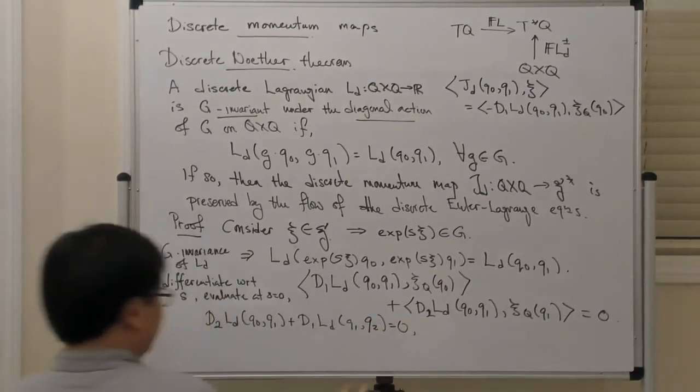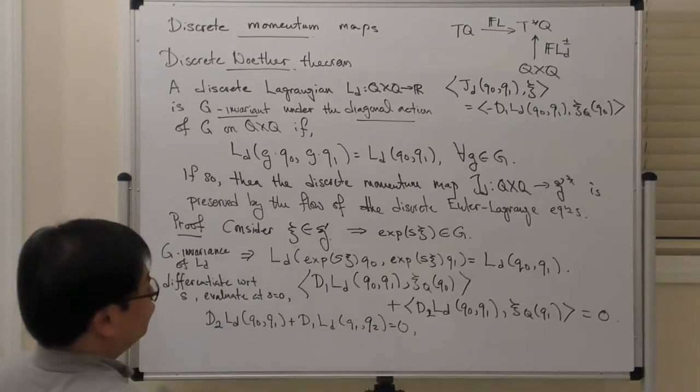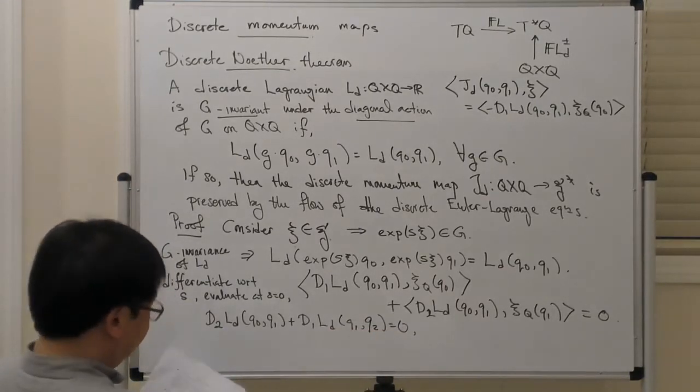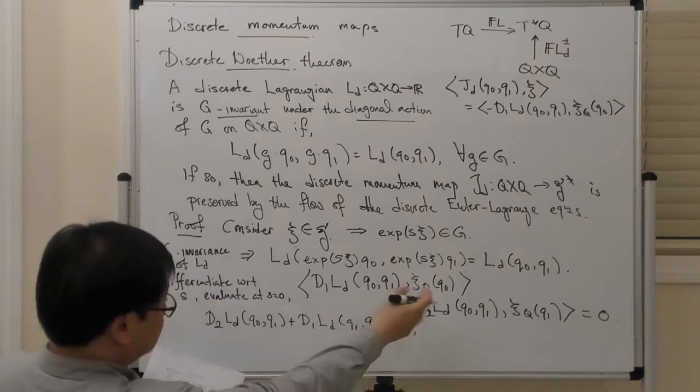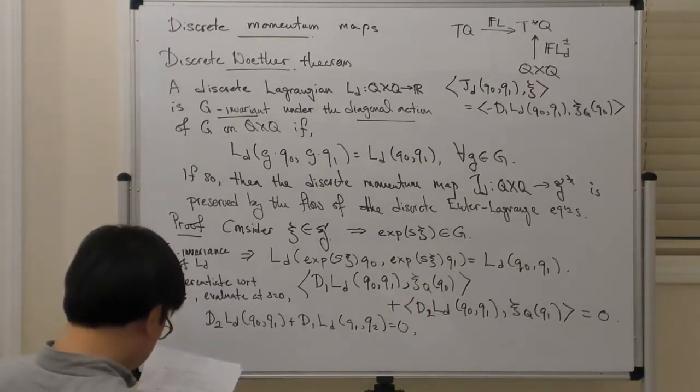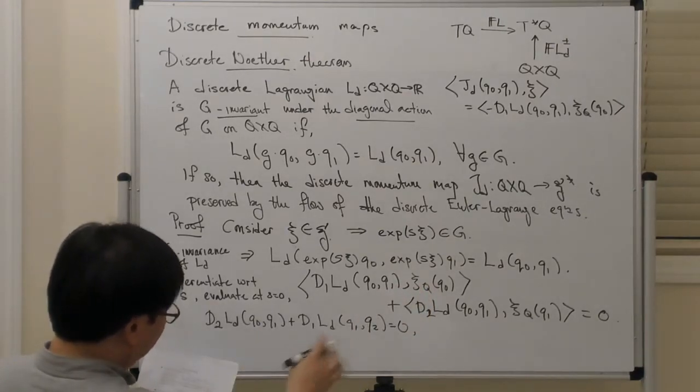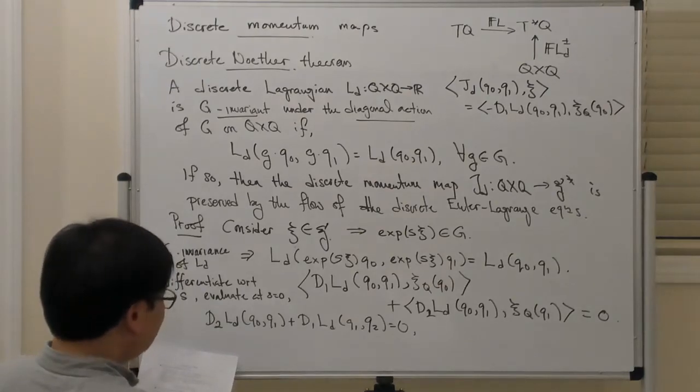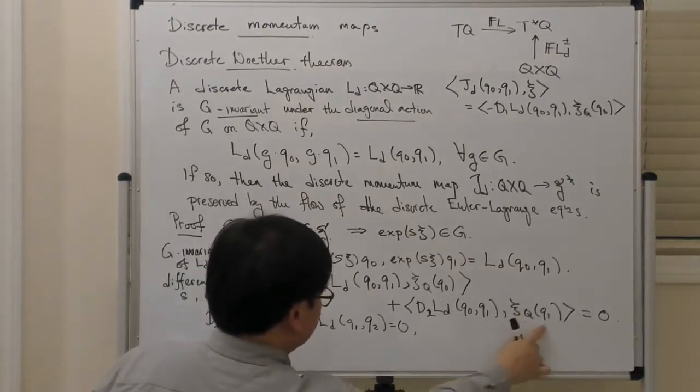And in particular, I can pair this with an element of the tangent vectors. So this is essentially a one form. Okay, I can pair it with a tangent vector. So let's pair it with ξ_Q(q1).